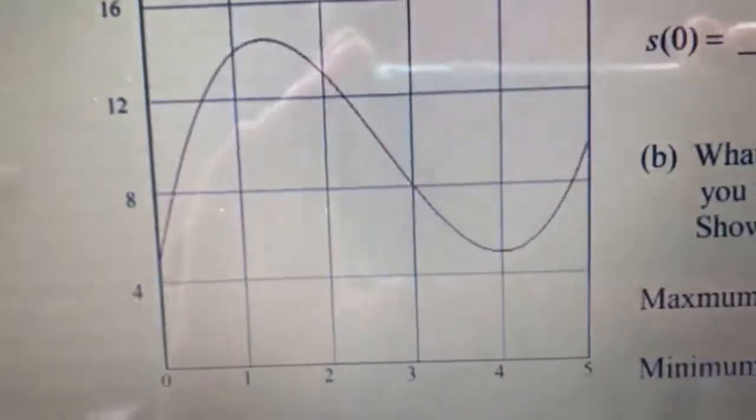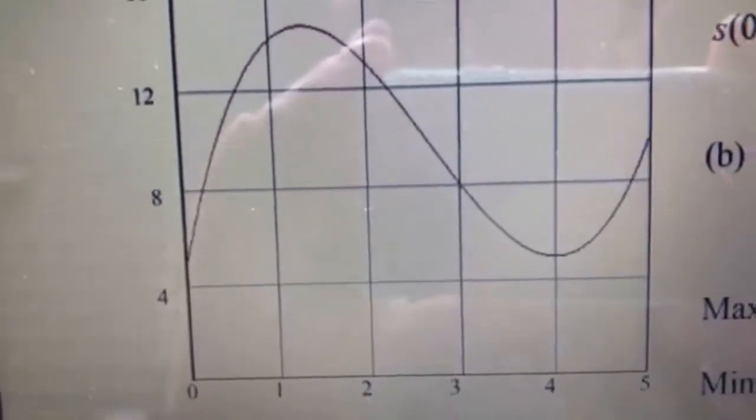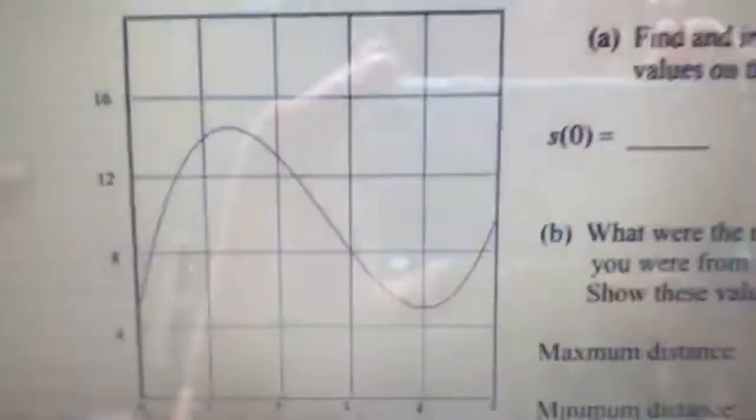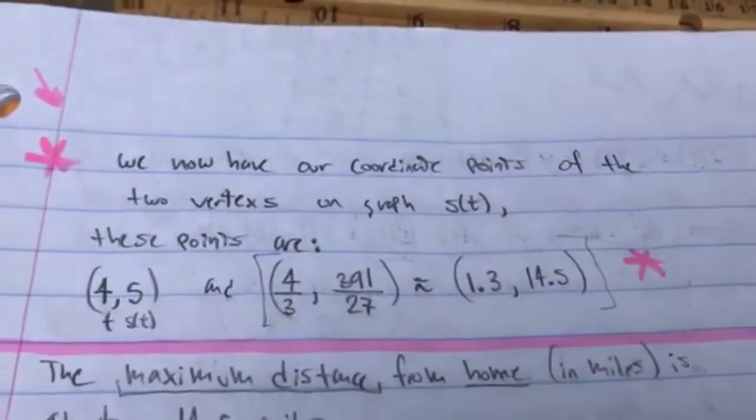So, the coordinate points of the vertexes, I think I wrote it down, that'll be easier. We now have our coordinate points of the two vertexes on the graph s(t).